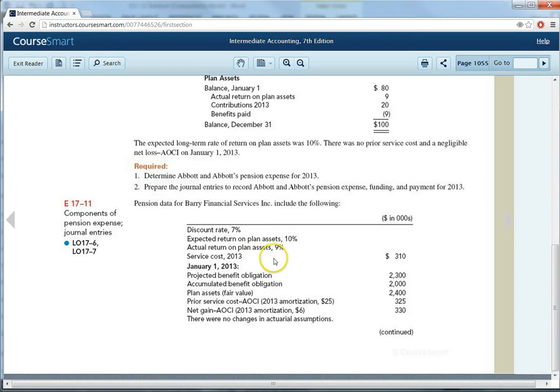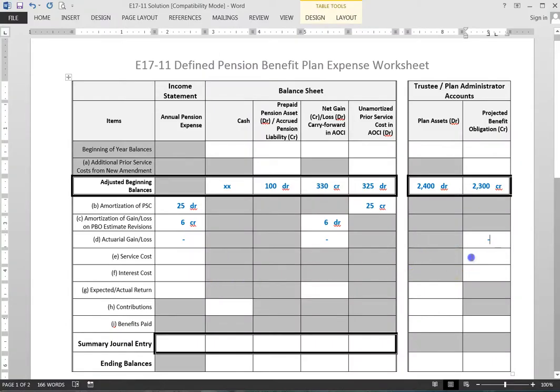And service cost for 2013, simply $310,000. Service costs represent an additional accumulation of benefits because our employees have worked for us for another year. And so that's going to be a net credit entry. The corresponding debit will be placed in the pension expense account.